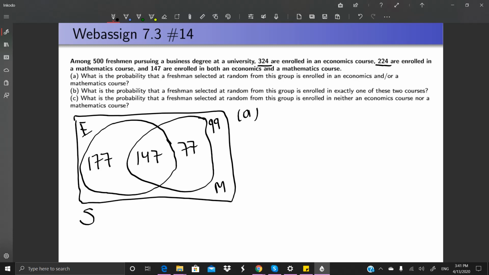So let's do A. The probability that a freshman selected at random from this group is enrolled in econ and/or math. You have to remember that whenever you see the words "and/or," that means union.